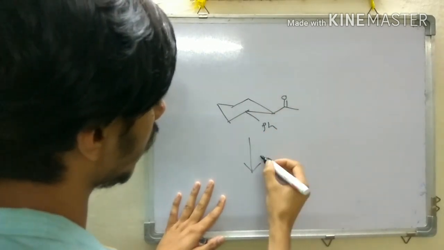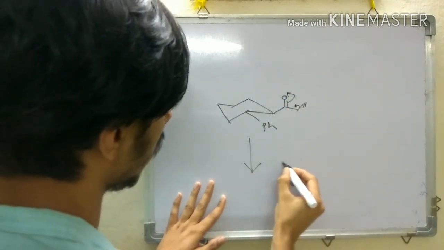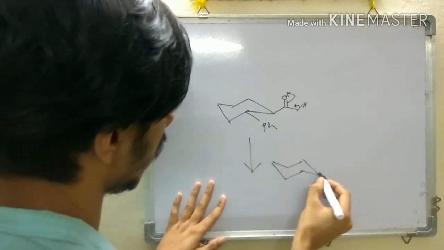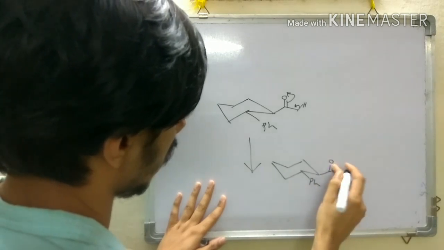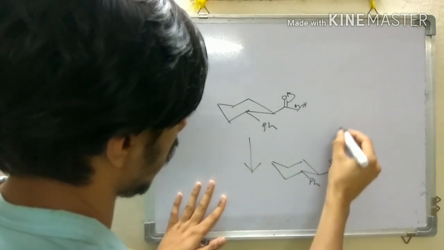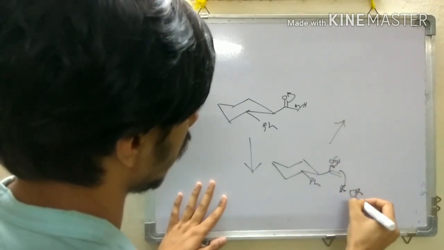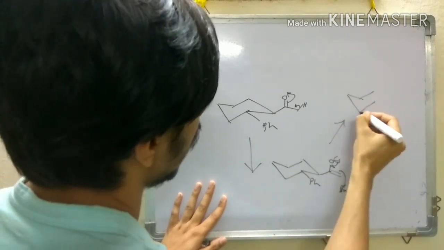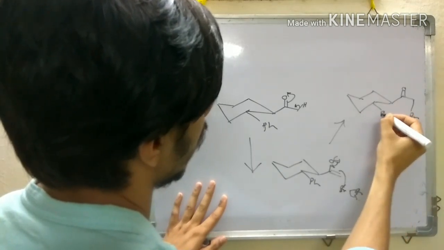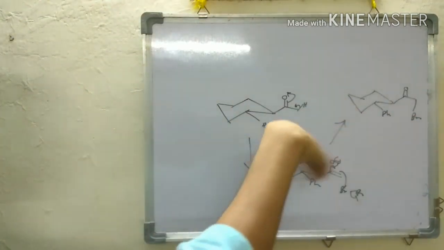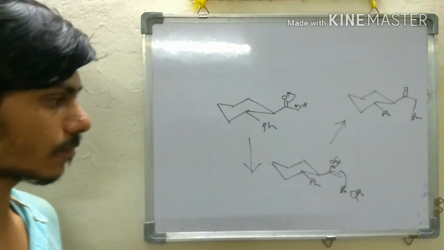So it can again undergo bromination by forming this enolate. And then this bromine, so it will undergo this bromination to form this enolate. Okay, so either way this trans configuration is your product.